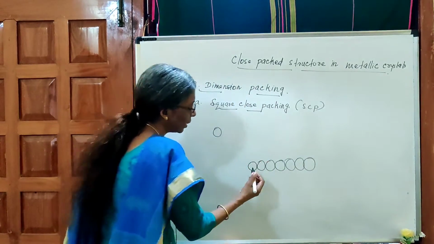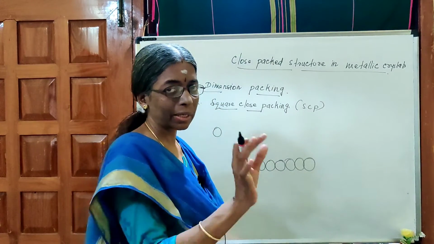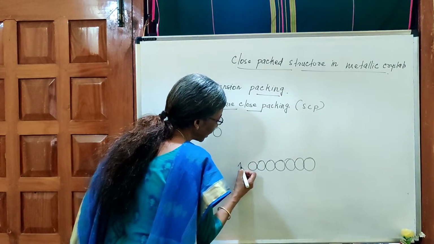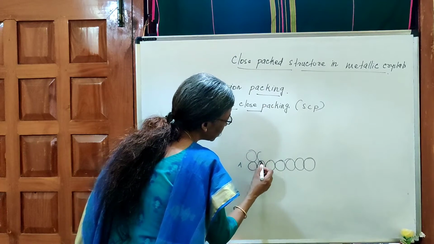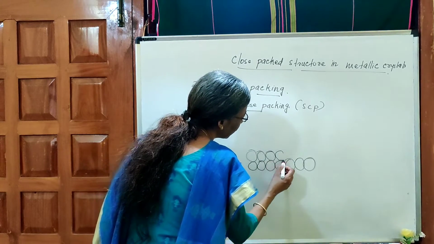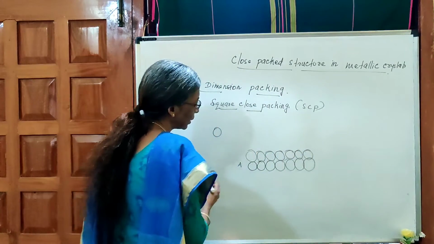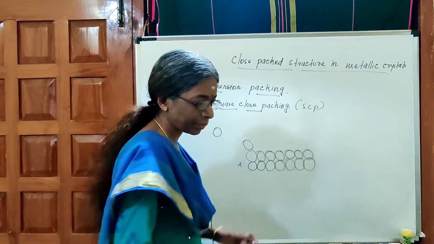Here you cannot draw exactly the same sphere type, just imagine one round. This is layer A. Next, another one: 1, 2, 3, 4, 5, 6, 7. This is the second layer.